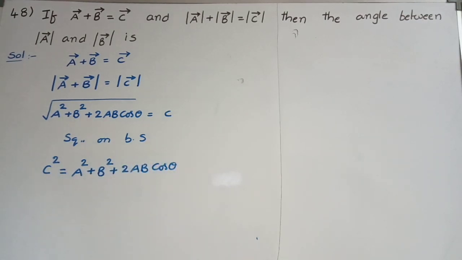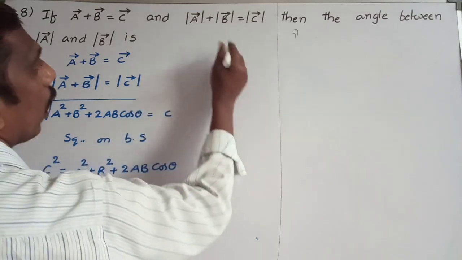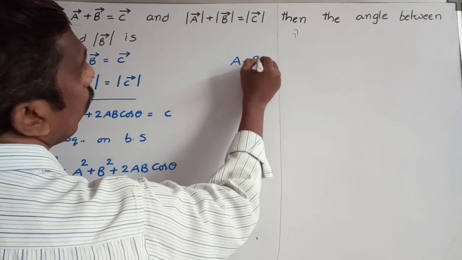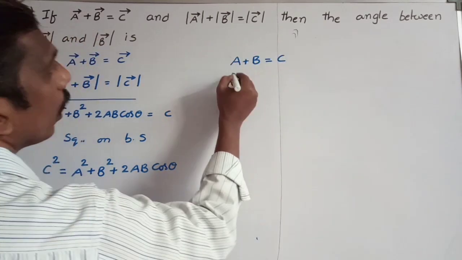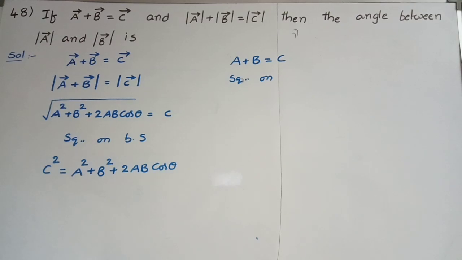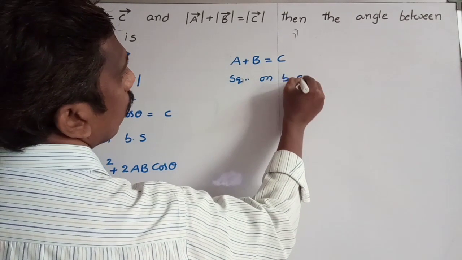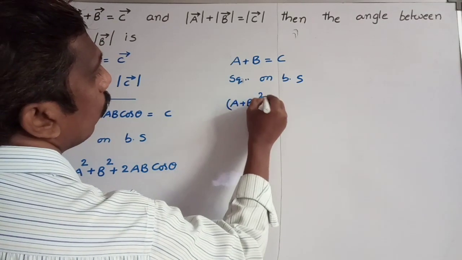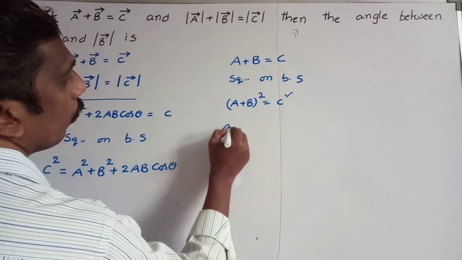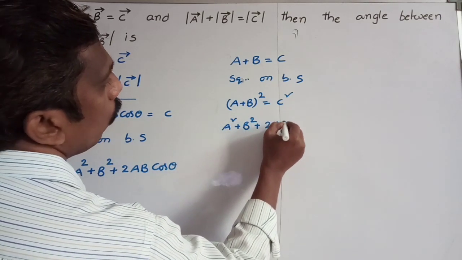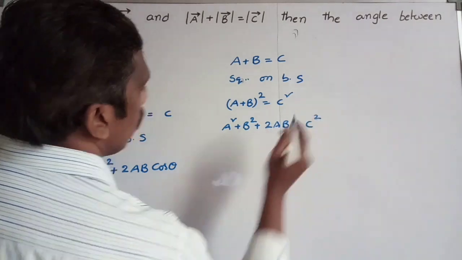Next, take this equation. Magnitude of A bar means A, magnitude of B bar means B, is equal to C. Squaring on both sides, A plus B whole square is equal to C square. A square plus B square plus 2AB is equal to C square.